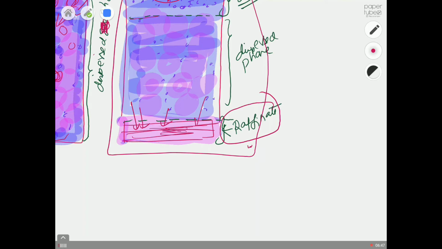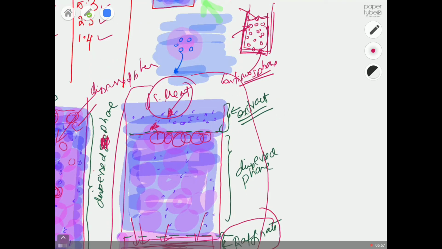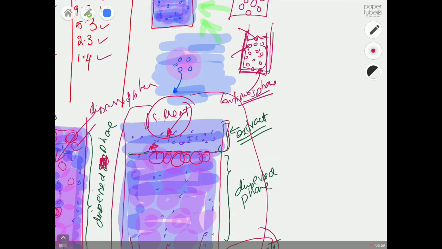And then the dispersed phase likes to coalesce, they come together, and eventually they coalesce into a single phase on the top. So this will be your extract phase, and whatever is in between them, we are going to call the dispersed phase.